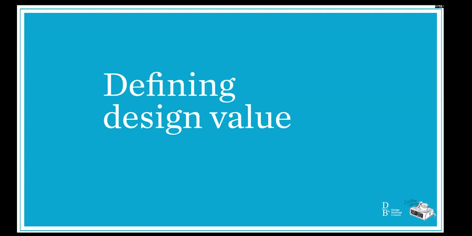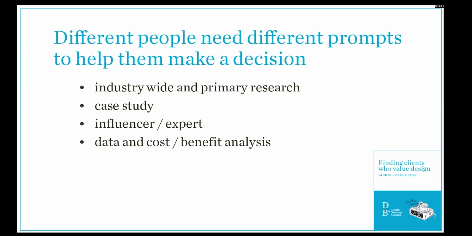Defining design value. We've covered this off in the previous two sessions. But the key to it is that we need to understand design value from our client's perspective. So our research in this space, through some research that was done in the UK, which we've replicated here, tells us that clients will take notice of you if you understand their industry.